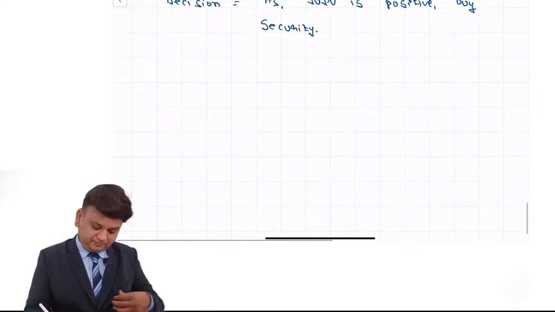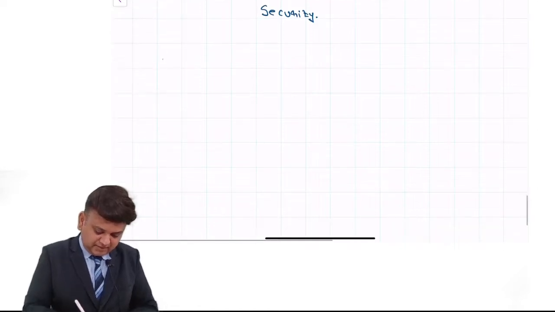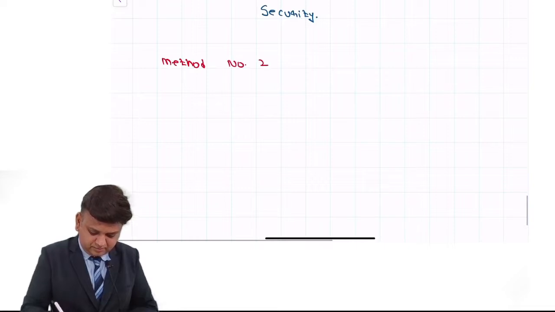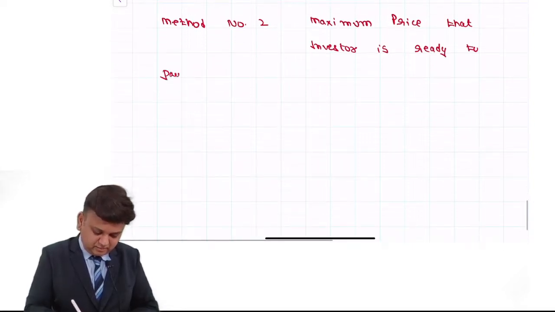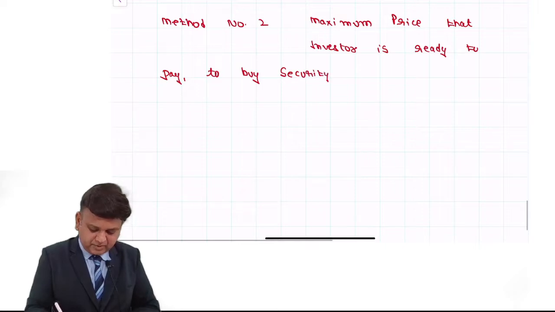Now write down method number 2. Maximum price that the investor is ready to pay to buy security.